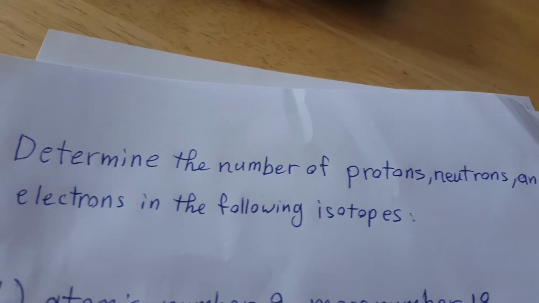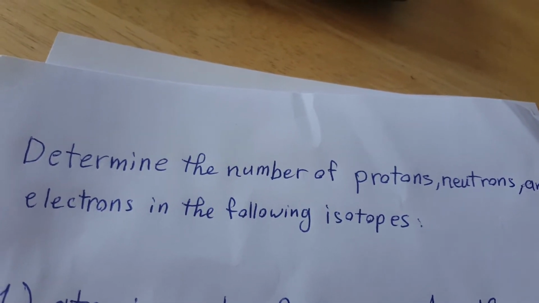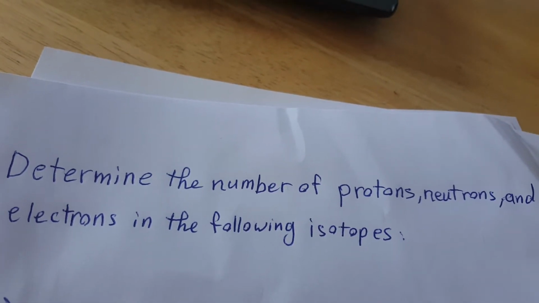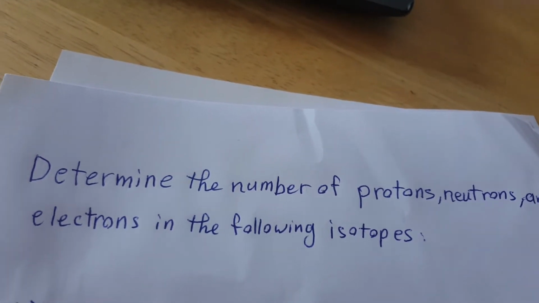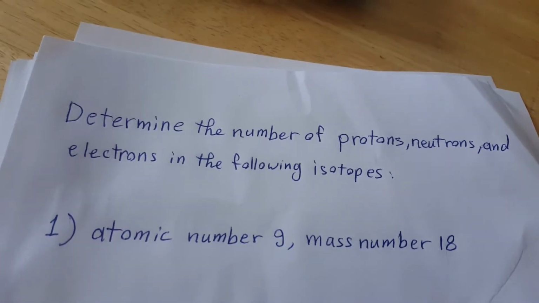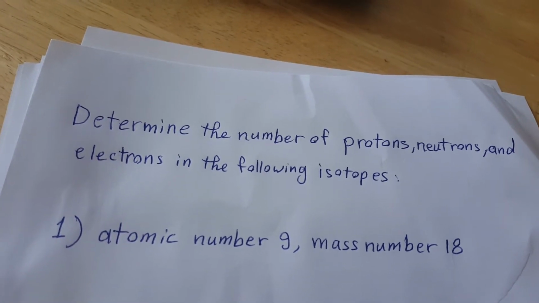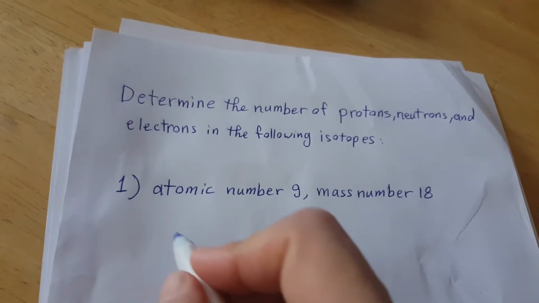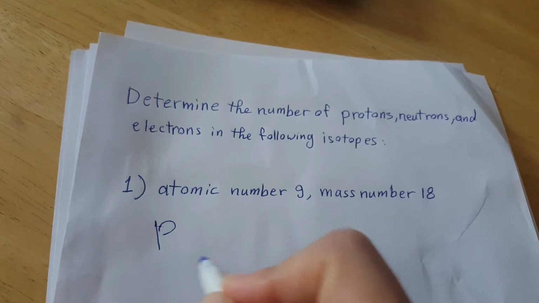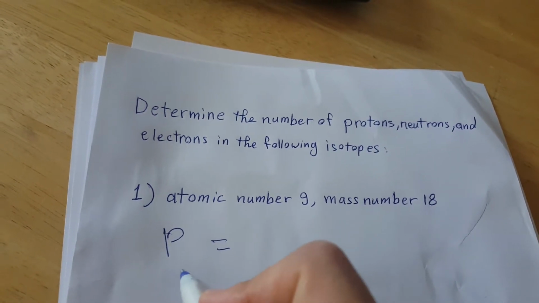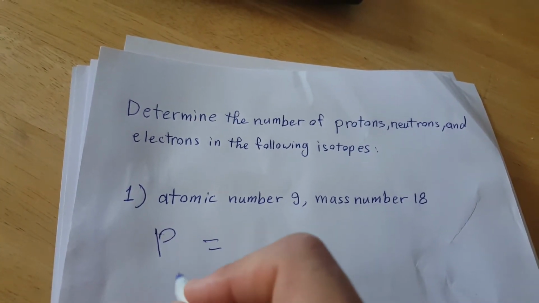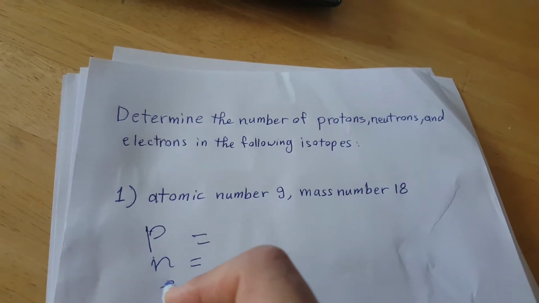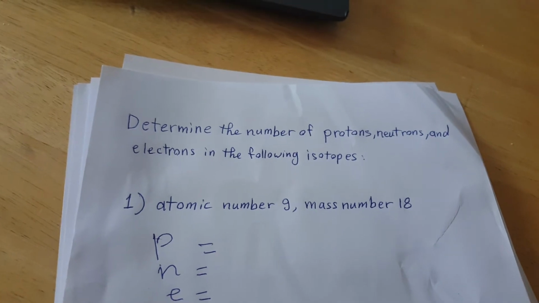So I don't have any information about this element except what they will give me. They will give me what? They will give me the atomic number and the mass number. So I have to know what is the number of protons, what is the number of neutrons, what is the number of electrons?